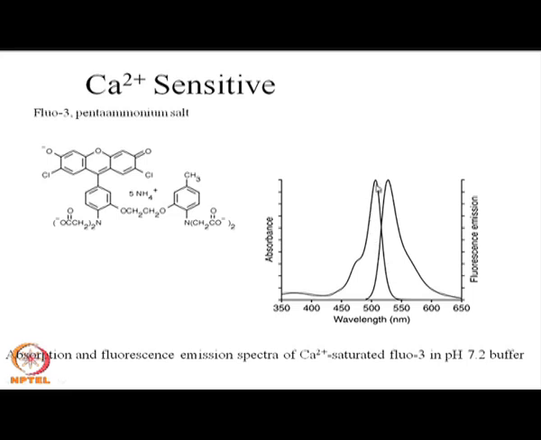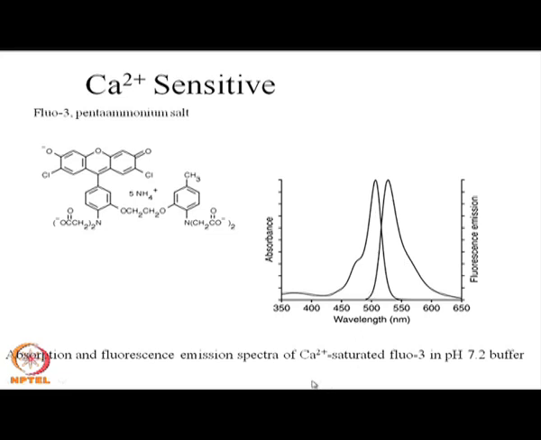You see that there is a nice mirror image relationship, although on the higher energy side some absorption is there, we can ignore that. Up to this there is a nice mirror image relationship, and there is a little shift, maybe a little change in geometry in the excited state.